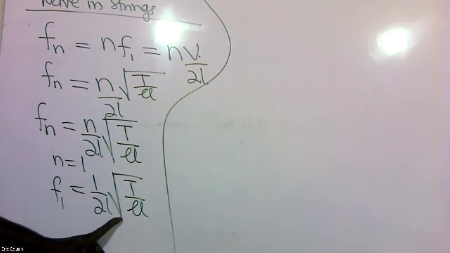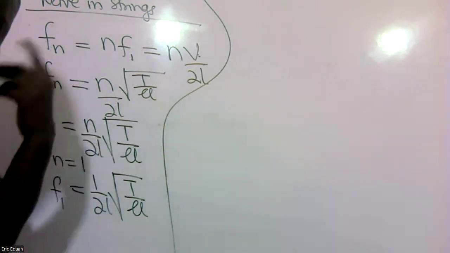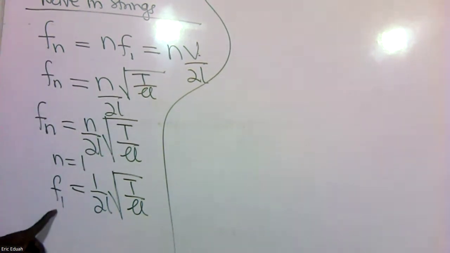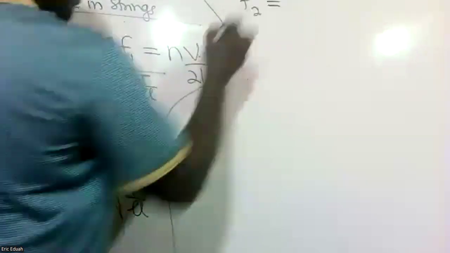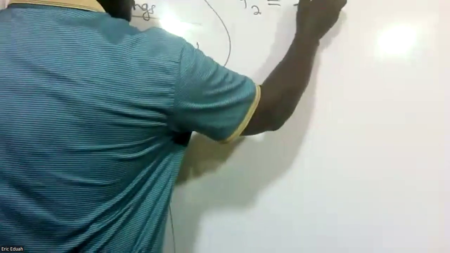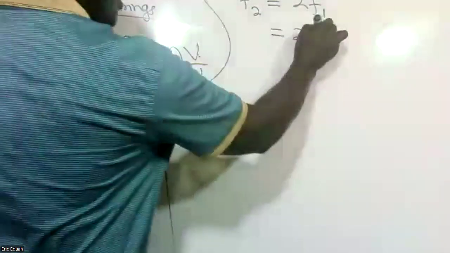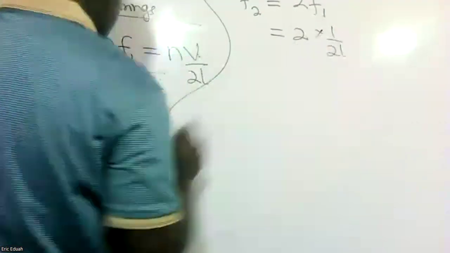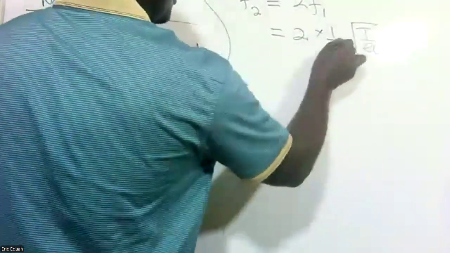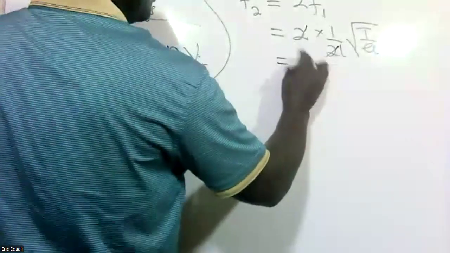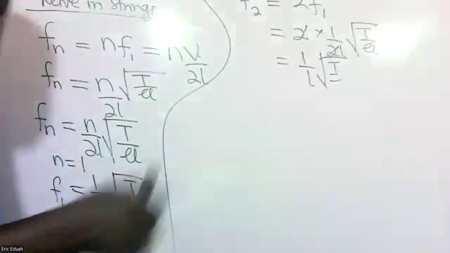F2, we said, is 2 times F1, and so it will be 2 times 1 on 2L times square root of T on mu. So 1 on L times square root of T on mu. F3, and on and on.